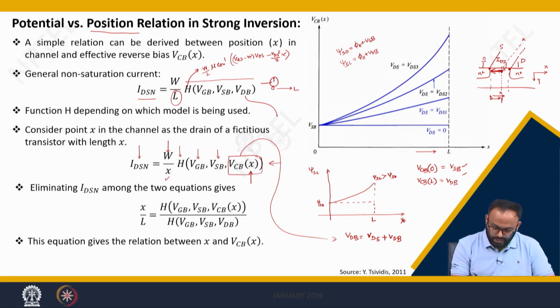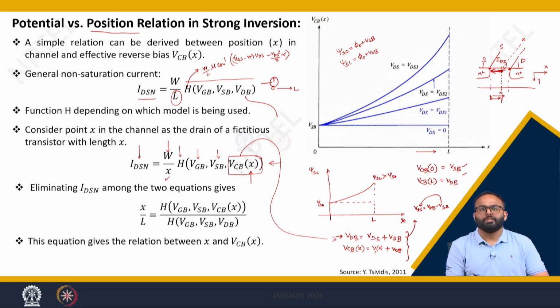So if we derive this equation for VCBX, then VCBX is equal to what? Some function which is reference to source plus VSB, correct? This we have already discussed, that VDS is nothing but VDB minus VSB. So I just put VSB here and I am representing this voltage equation with respect to body as a reference.